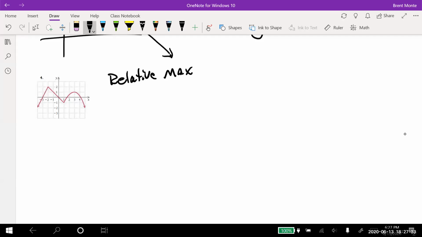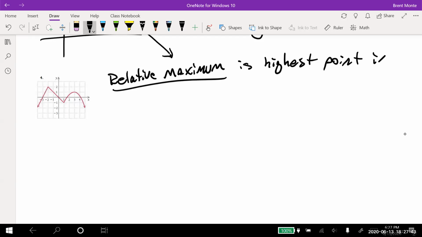A relative maximum, and just in layman's terms, is the highest point in some interval. And so, for instance, right there, we have a relative maximum. Right there, we also have a relative maximum. We'll say rel max, abbreviate it that way.